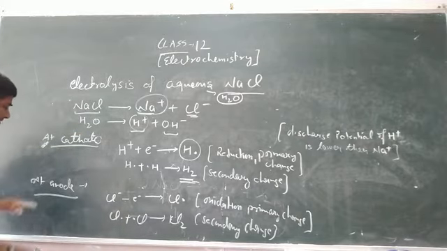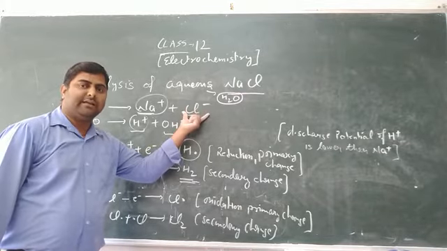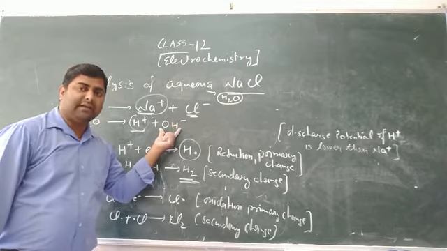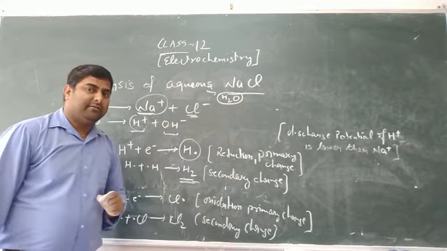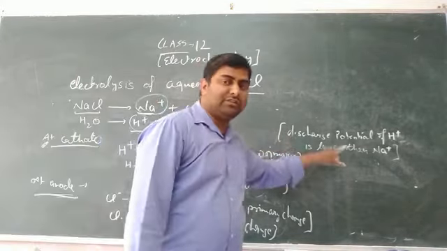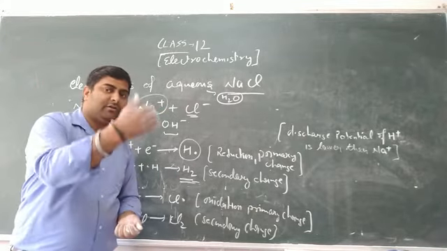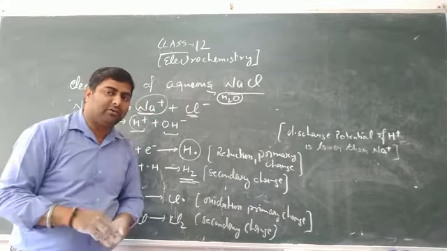Now, what about the reactions occurring at the anode? There are two negatively charged ions, Cl negative and OH negative ions. Again, the discharge potential of Cl negative is lower than that of OH negative ions. It means the chloride ion can easily donate electrons as compared to hydroxyl ions.